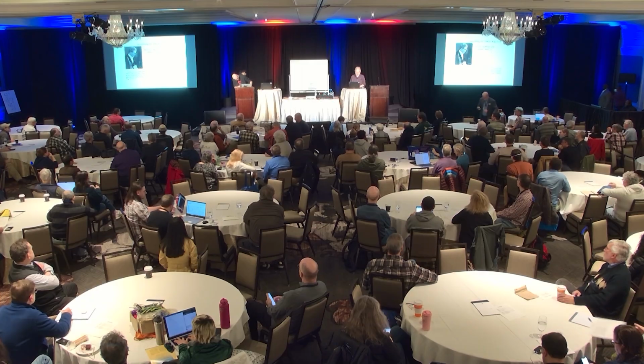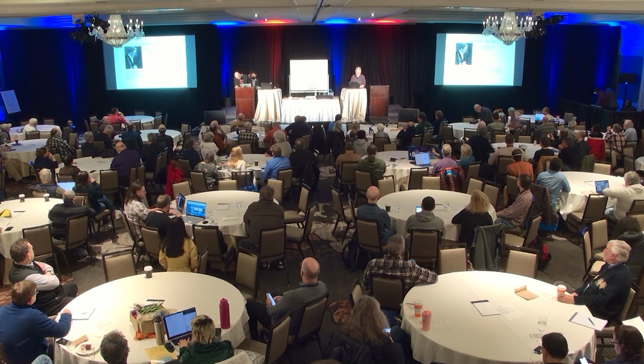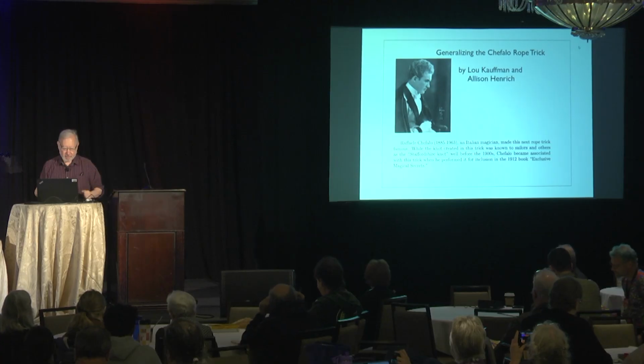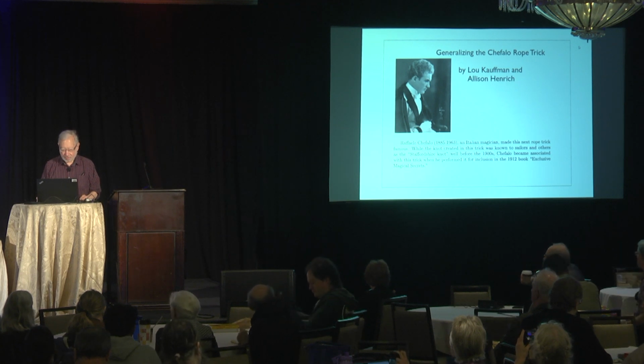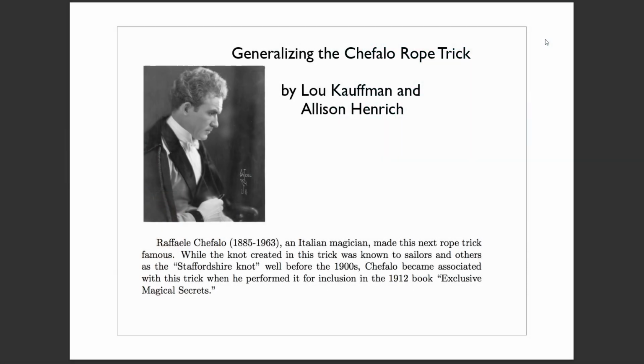This talk is about generalizing the Chefalo Rope Trick, and this is joint work with Allison Henrich. Chefalo was an Italian magician living in the 1800s, and he created a trick which was somewhat known before.